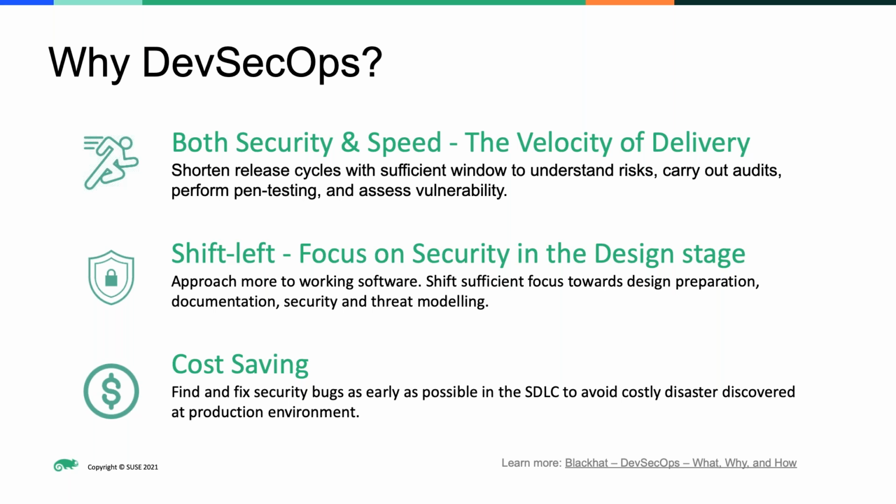By using this approach, we also save the organization a lot of money, because security bugs can be fixed as early as possible during the software development lifecycle. So you don't need to wait until the very end to fix the issue, which is usually very costly. And if it can't be fixed, it can be a disaster as well, just like the cybersecurity stories in the news headlines that we mentioned before. And so this is why DevSecOps is very important nowadays for a lot of organizations.